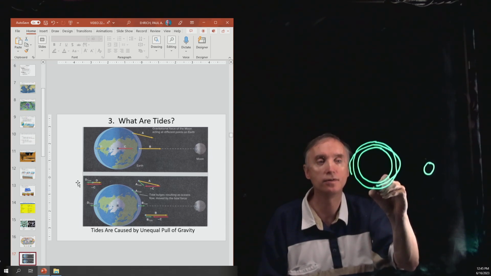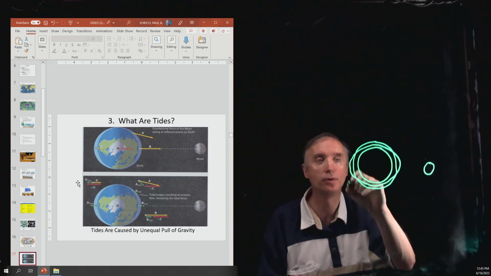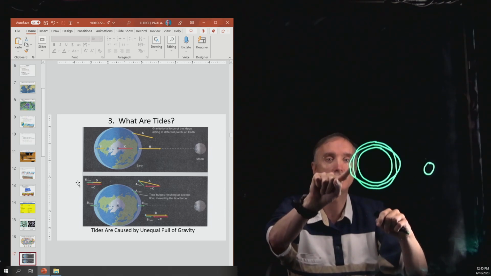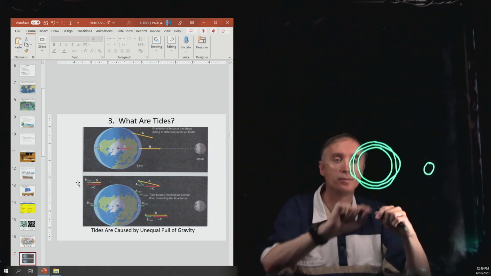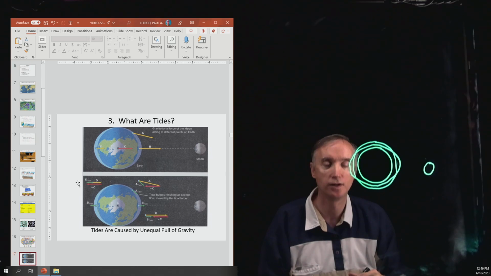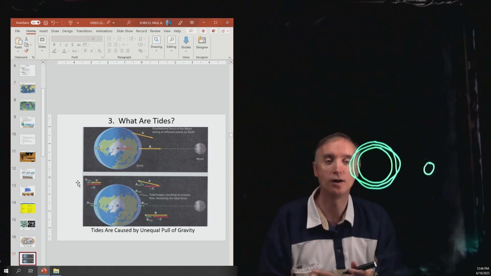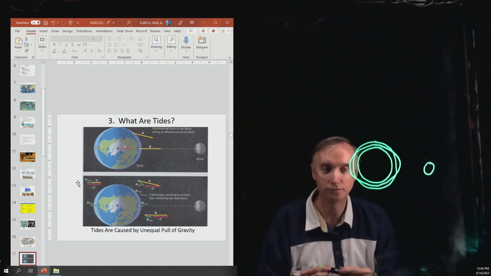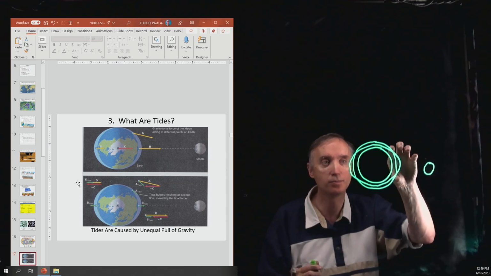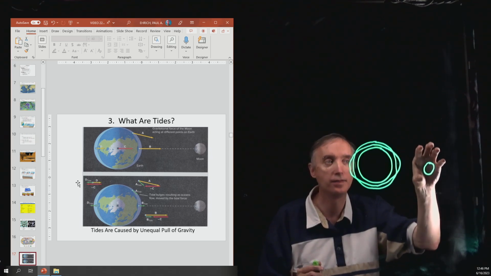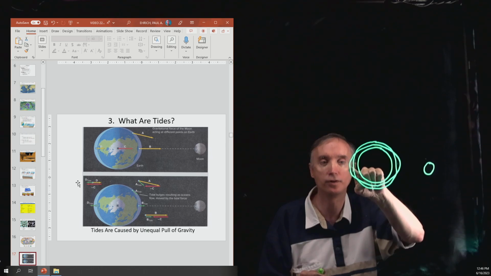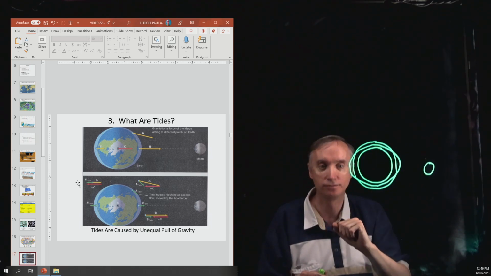If we continue this around, there's an identical bulge on this side that corresponds to the bulge on the other side. So you might be thinking, well, that's because of anti-gravity. So the gravity is pulling on the water over here, and then the gravity is pushing on the water over here, and so that's making that bulge.